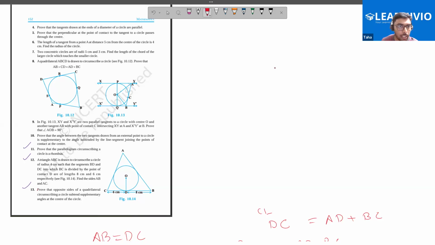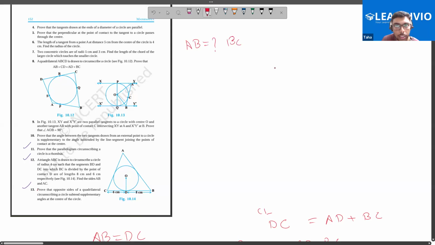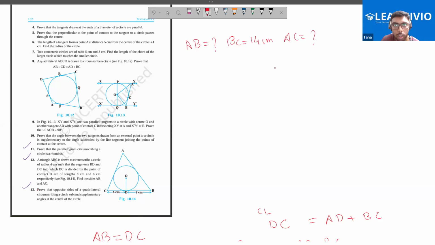And we are being told to find the length of sides AB and AC respectively. So we know AB is unknown, BC is given to us, which is 14 centimeters, and then AC is not known to us. Now the radius of the circle is given to us. Radius is equal to 4 centimeters.